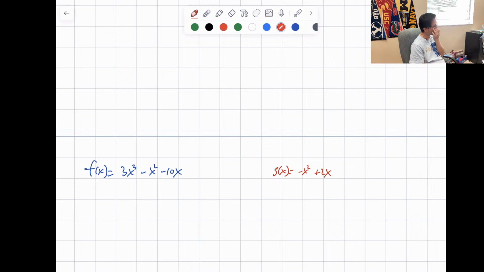Can you tell me how many intersections there are? 3. Can you tell me where? I'm getting there. Oh wait, -10, -2x.